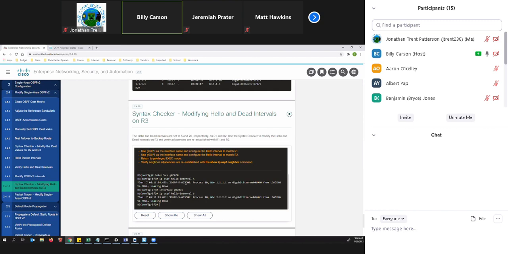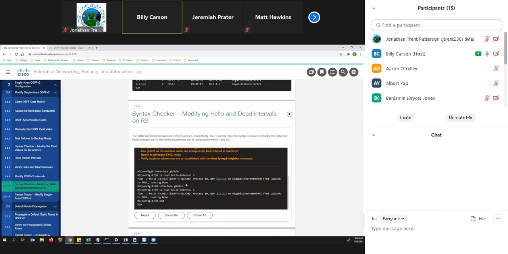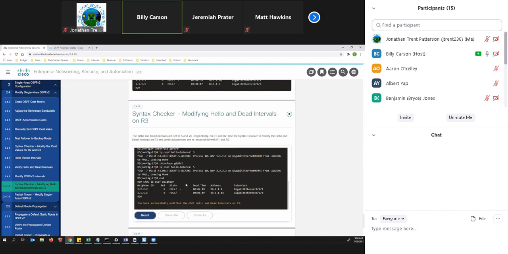Okay, now he's up. Now what does it want us to do? Return to privileged exec mode. That's an end. And view neighbor adjacencies. Okay, show IP OSPF neighbor. There you go. Okay, so I can see my neighbors there.